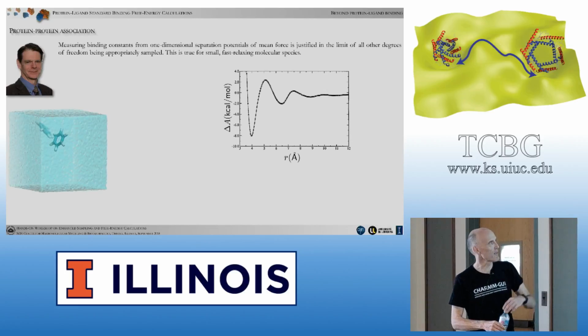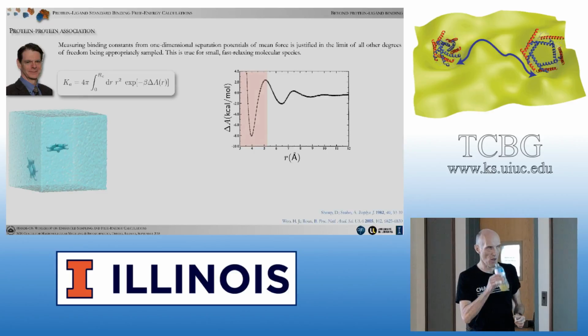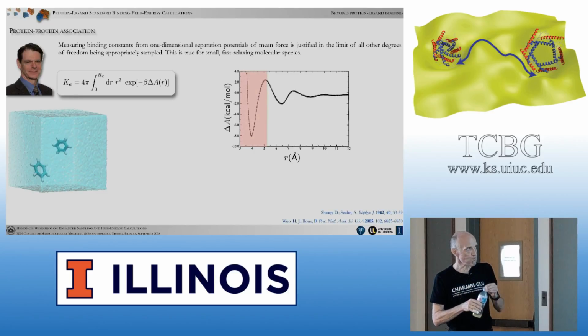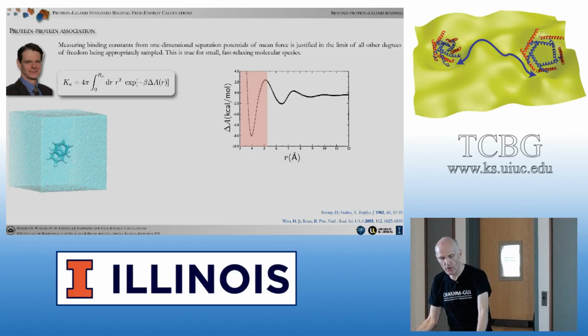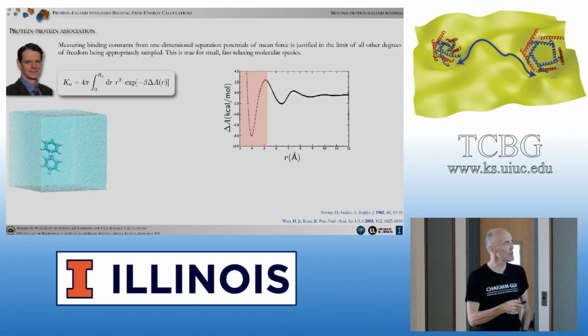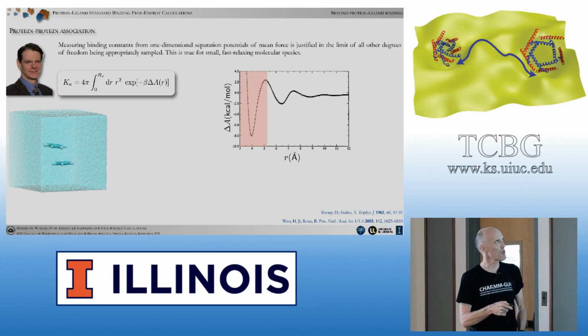You might remember from this little drawing here that if you want to calculate an association constant using this old formula that you find in the 1982 paper of Attila Szabó, which relates the association constant to the potential of mean force through this equation here, which features, by the way, the Jacobian, which means that if you calculate a PMF, please hide the Jacobian in your PMF.